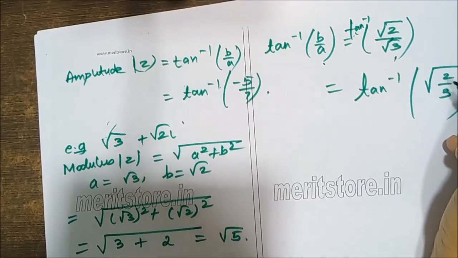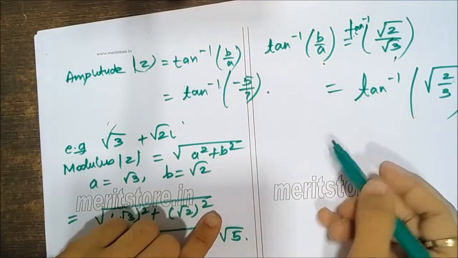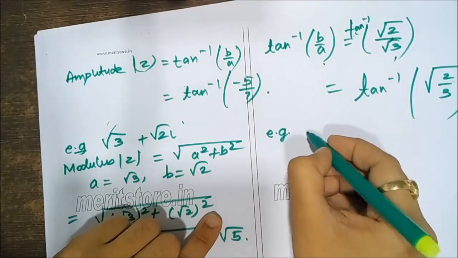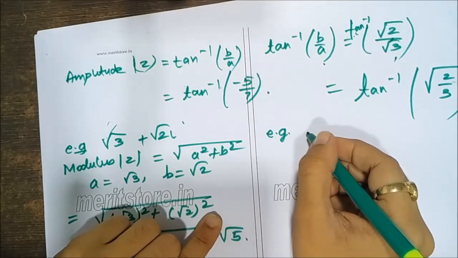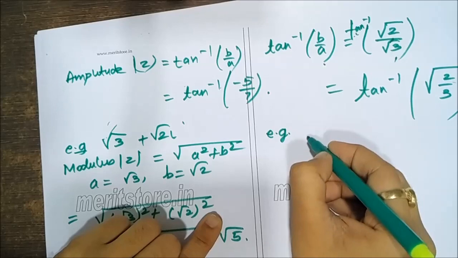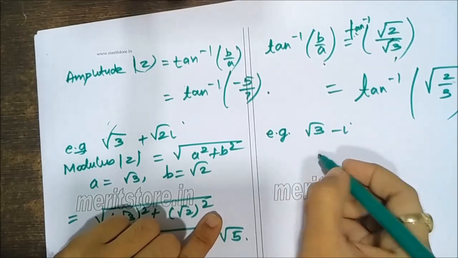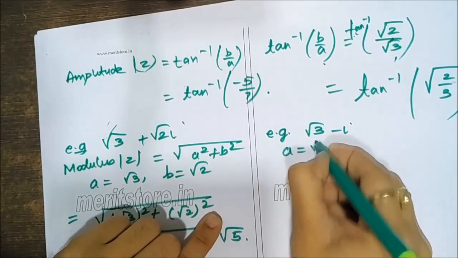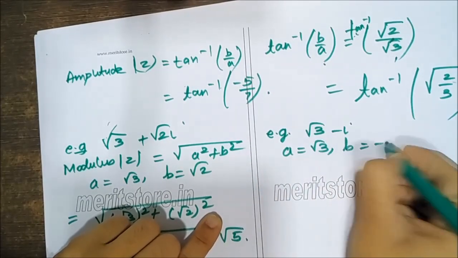Alright. Now, let's take an example: root 3 minus i. Here, what is your a? Root 3. Your b is minus 1.